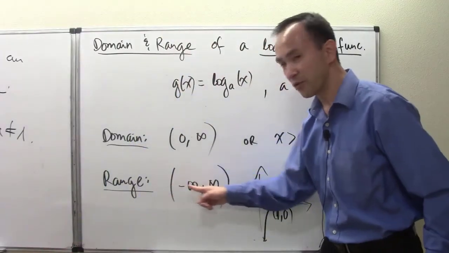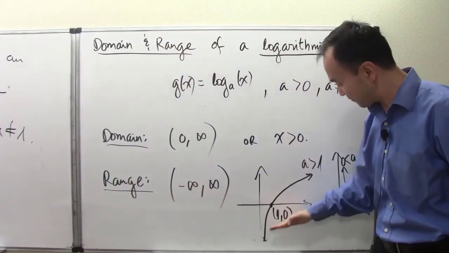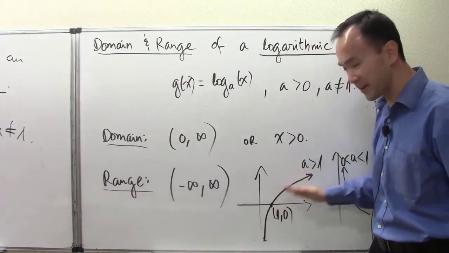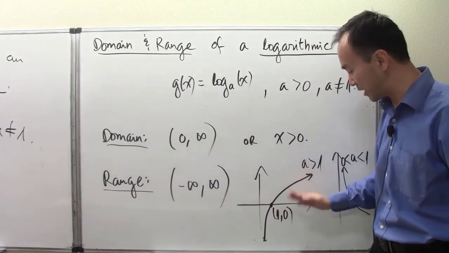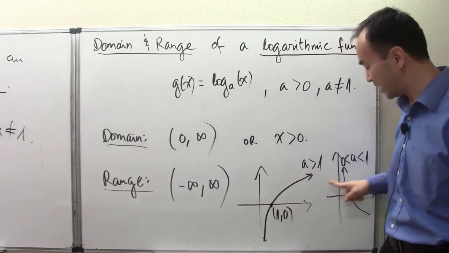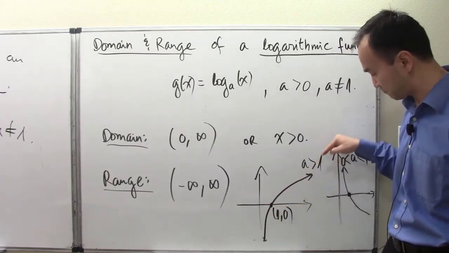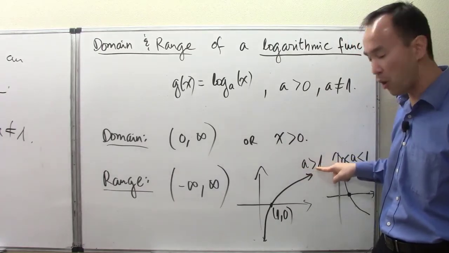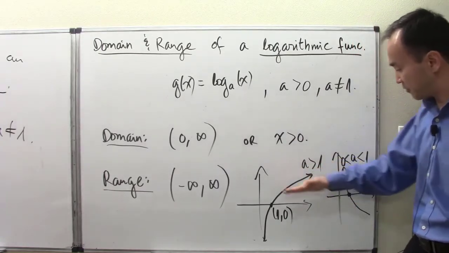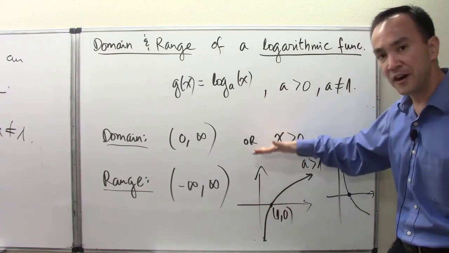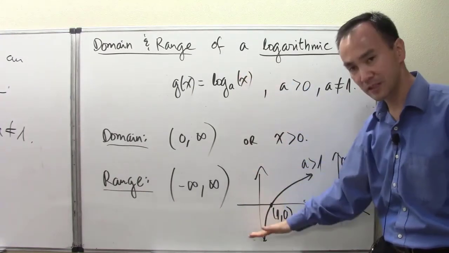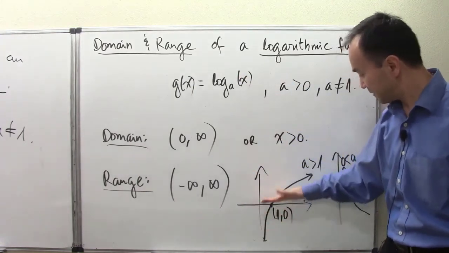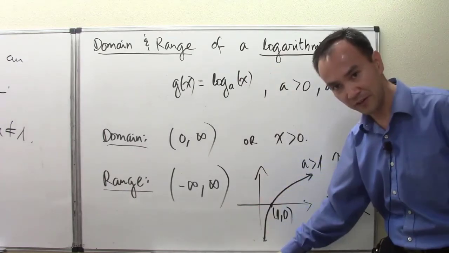when we're looking at the range, see the graph here, not very well scaled, but the graph for any simple logarithmic function, doesn't matter if the base is greater than 1 or less than 1, will always have a vertical spread, anywhere from infinitely negative to infinitely positive.